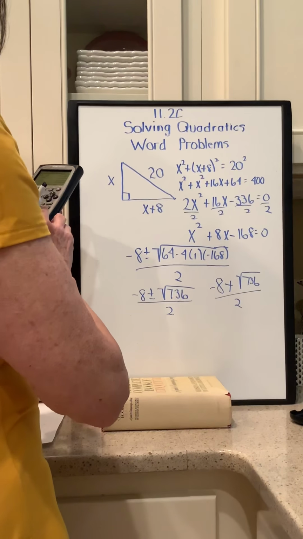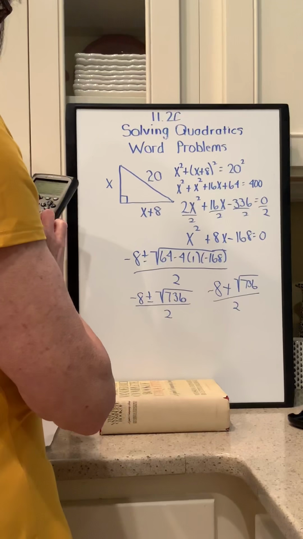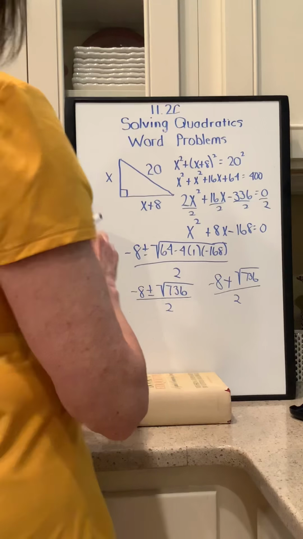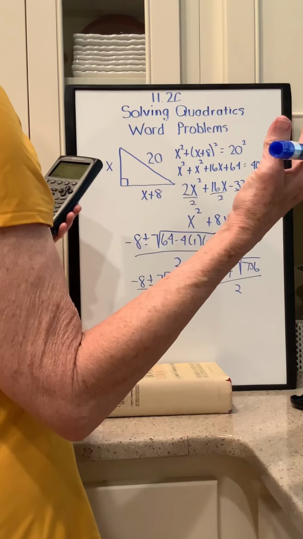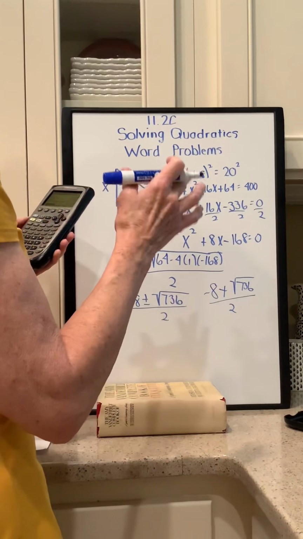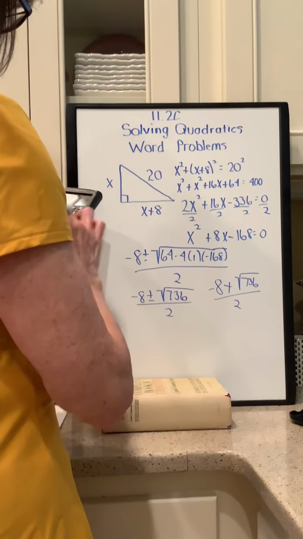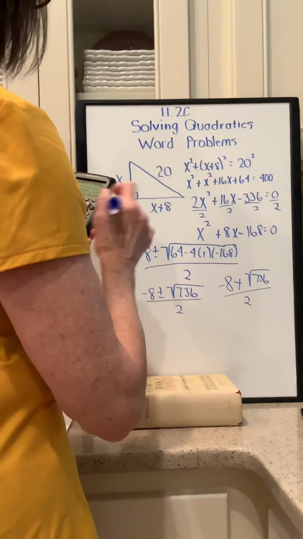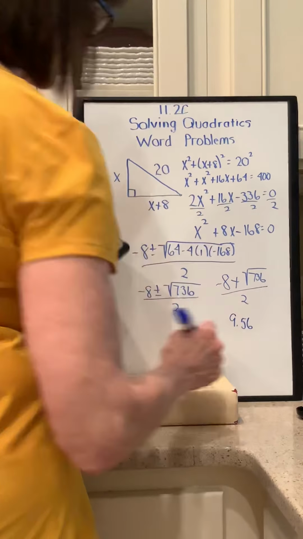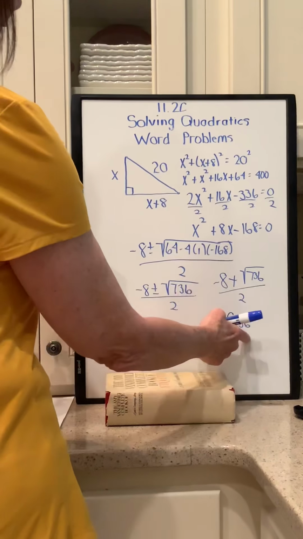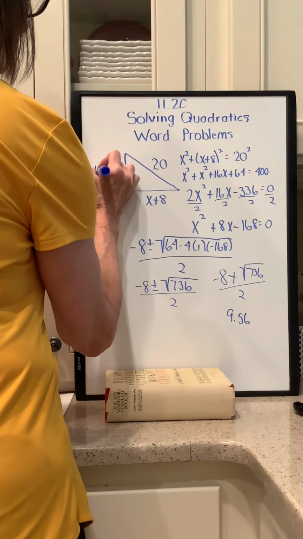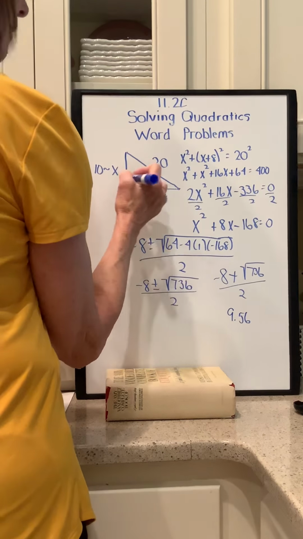So we're going to do the square root of 736, which is like 27.129. I'm going to subtract 8, and then you get 19.129, divide that by 2, and that's around 9.56. If you wanted to round, let's say x is 10.